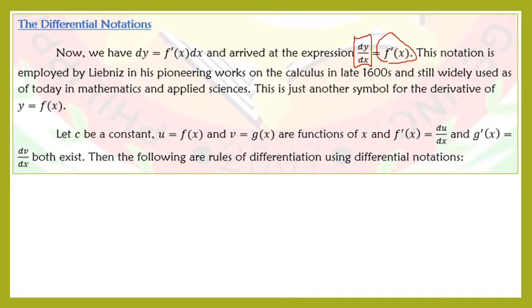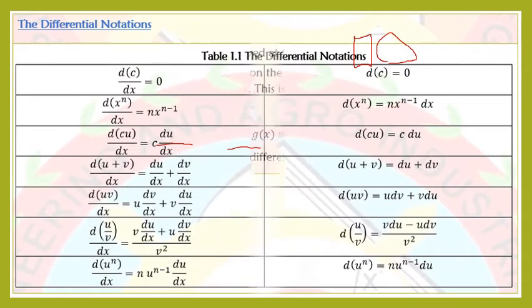Let c be a constant and u equals to f of x, v equals to g of x or functions of x, and f prime of x is equal to du over dx, and g prime of x is dv over dx. Both exist. Then the following are rules of differentiation using differential notation.